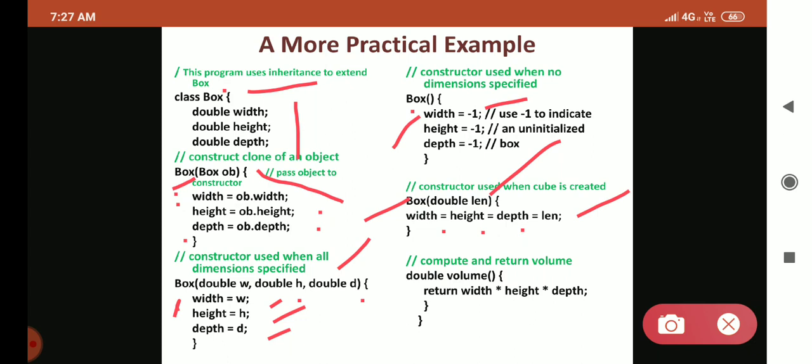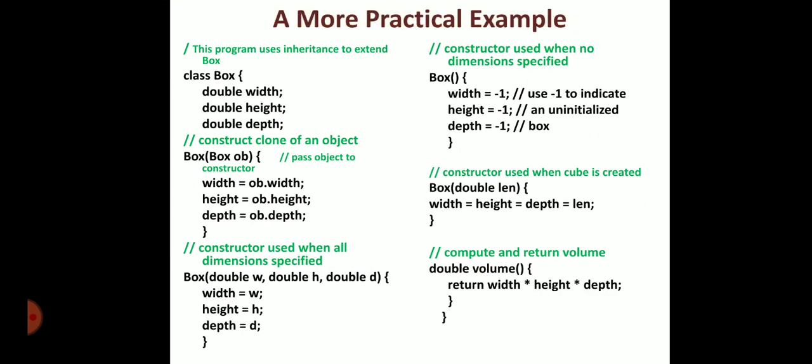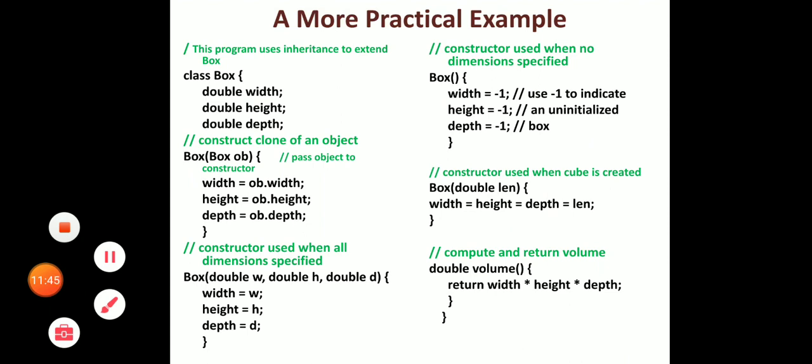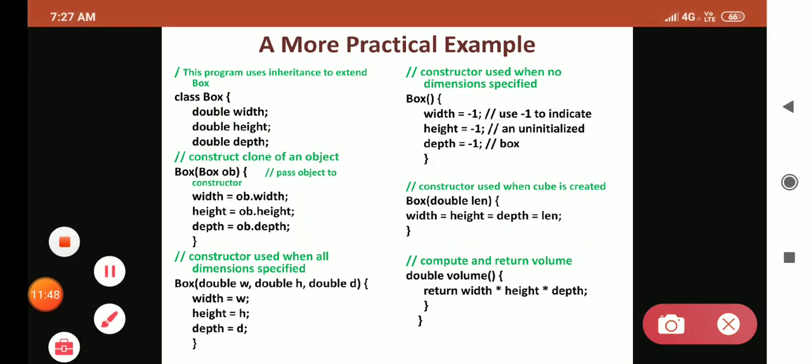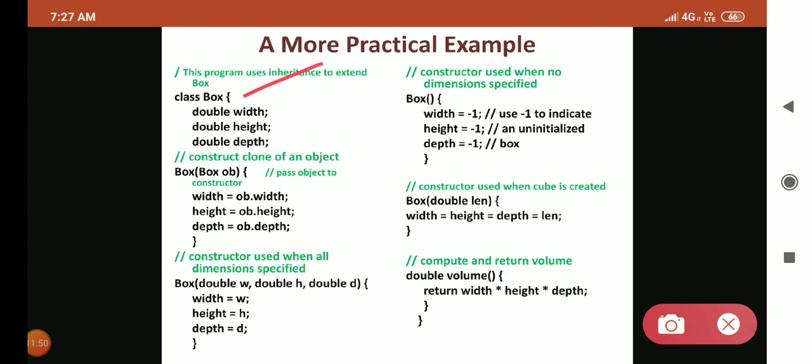So remember that, I'll repeat. In this program there is one class called box as of now, and there are four constructors. The difference is first constructor passes object as parameter, in the next constructor we pass three parameters, and next constructor is a default constructor, no parameters are passed, and in the last constructor only one parameter is passed, that is len, and this is in case of cube.